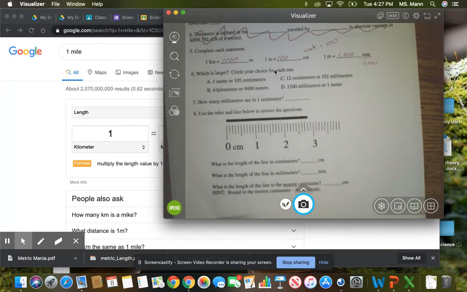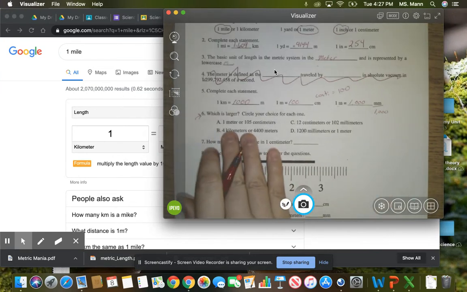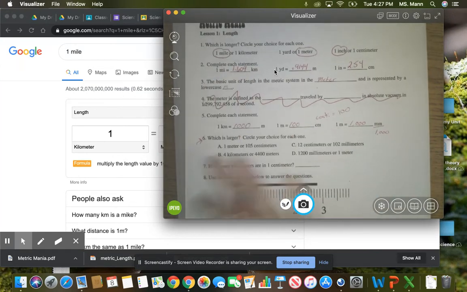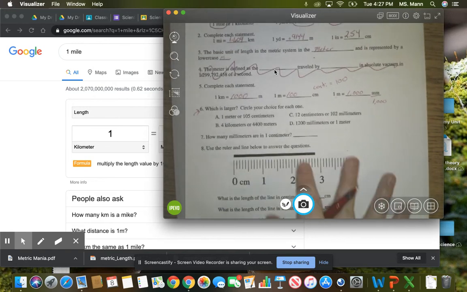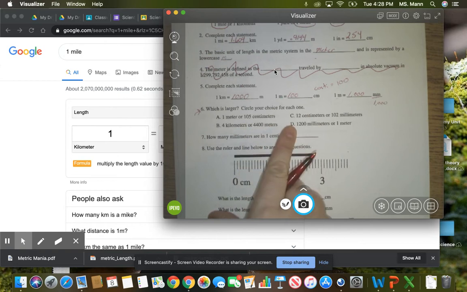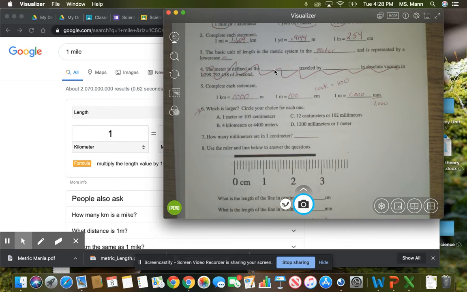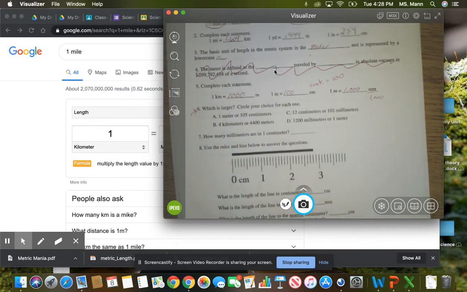For number 6, you are just going to do the same thing that we did for number 1. You can use Google. I'm not against that, at least when it comes to imperial to metric, but it looks like all these are metric.